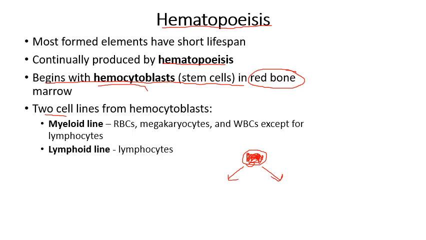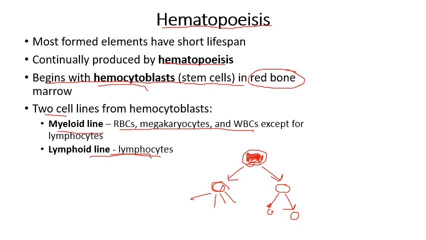Once it differentiates, it can go to one line, the myeloid line, and start down that pathway, or it can go to the pathway of the lymphocytes, the lymphoid line. The myeloid line will ultimately differentiate into these other cells, and the only ones that can't be made from the myeloid line are the lymphocytes. That would be here, where we get B and T lymphocytes.